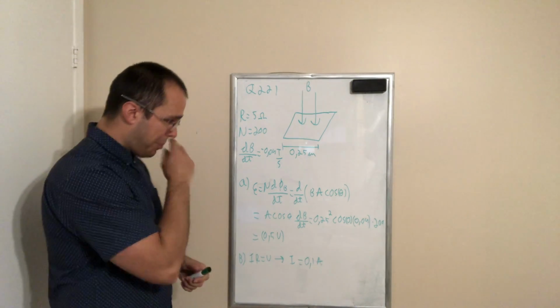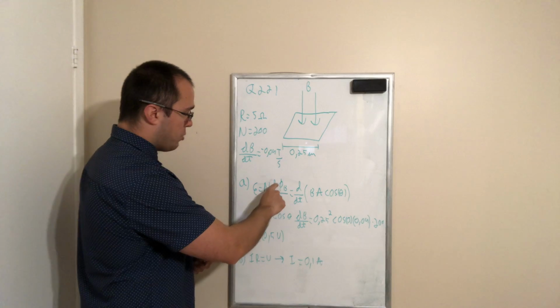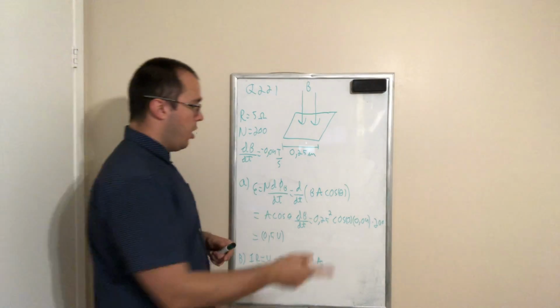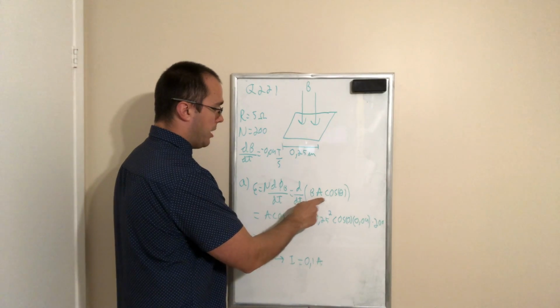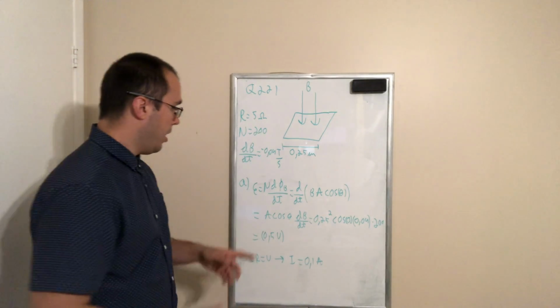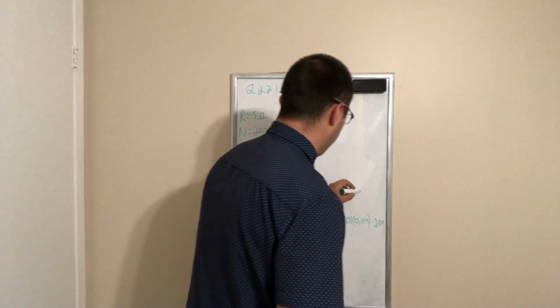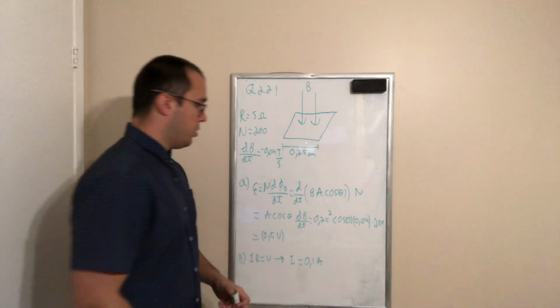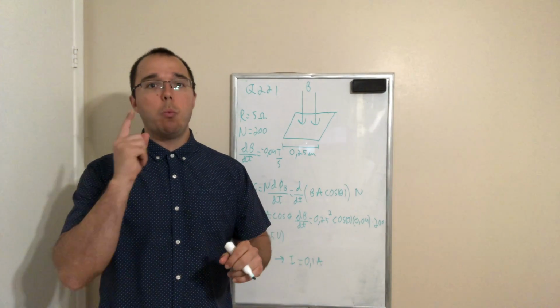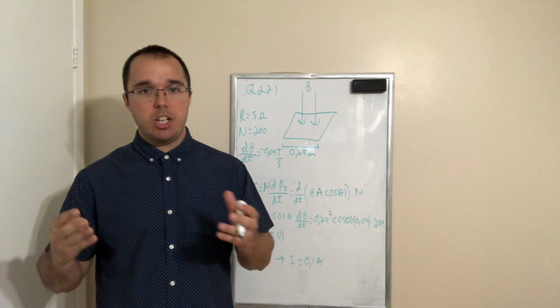All right, so let's replace the formula for the flux with the formula we know, which is N times the magnetic field multiplied by the area multiplied by the cosine of the angle between these two. Oh, there's an N missing. I'm going to add it over here. Now note, in this problem, and in all the problems we are going to consider, only one variable will be changing at a time.